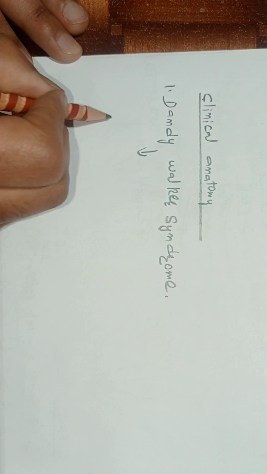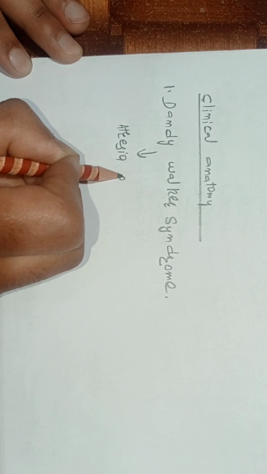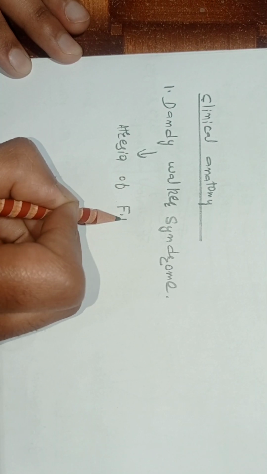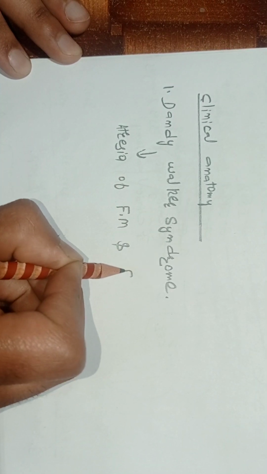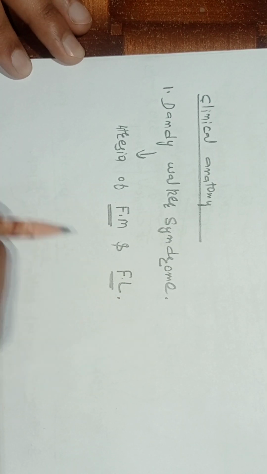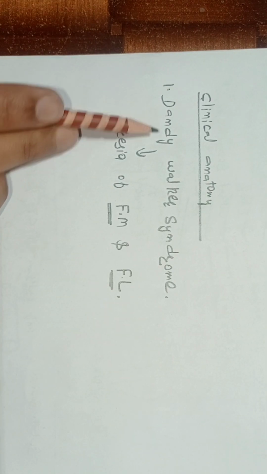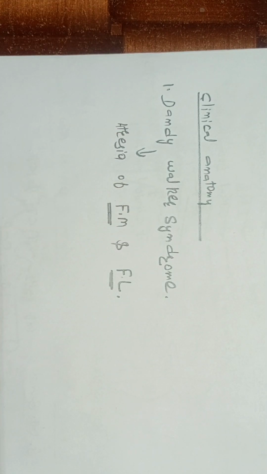In this syndrome, there is atresia of the foramen of Magendie and the foramina of Luschka. We have one foramen of Magendie and two foramina of Luschka, one median aperture and two lateral apertures.